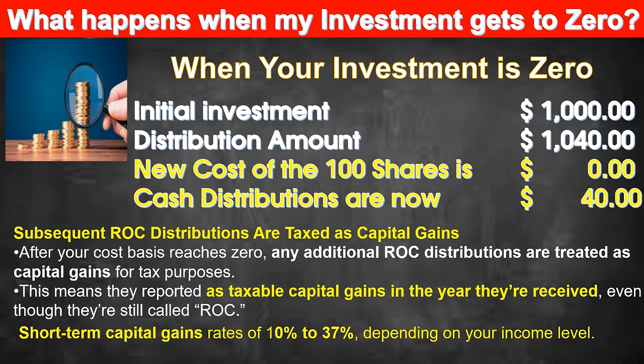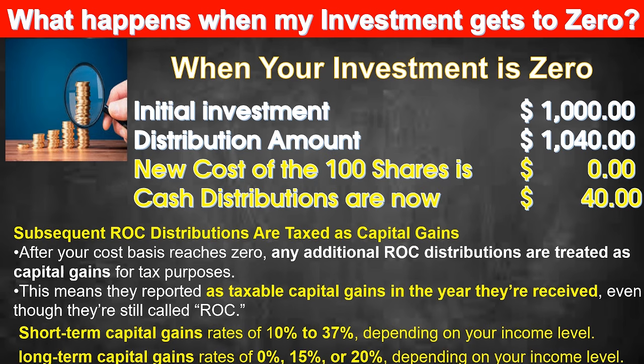But if you hold this for over 12 months, as in our scenario here, where we're holding it for 13, you become long-term capital gains, which are anywhere from 0 to 15 or 20%, depending on your income level. So this is definitely primed for when you get into retirement, when you're starting to use less income, you can pay less in taxes using the ROC system.